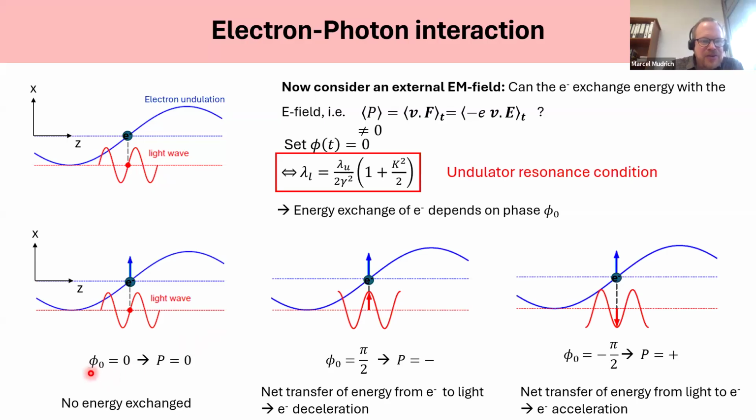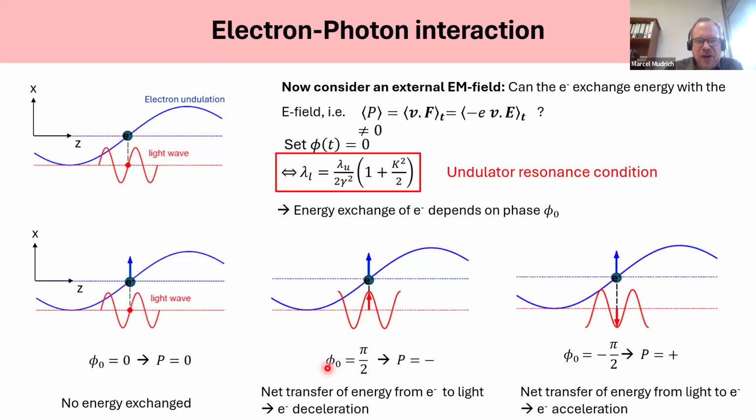In the case that phi naught is 0, what is shown here as the blue arrow is the velocity of the electrons as the electron undulates through the magnetic field. Here at the zero crossing, the electron velocity just points upwards. If phi naught is 0, it means that there is a velocity pointing upwards, but no electric field at that position here. So no interaction, no power absorbed or emitted.